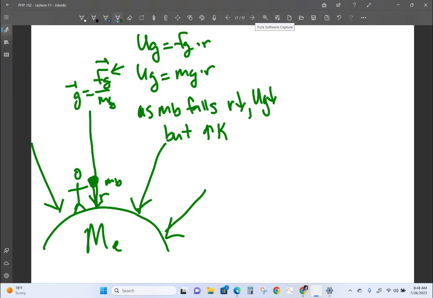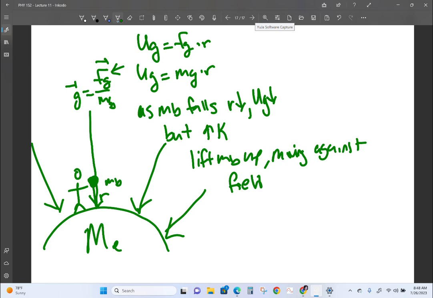And if we lift the ball up, we're moving against the field lines, which means that r is getting bigger, U_G is getting bigger, but it will lose kinetic energy. So if we throw it up in the air and it rises 100 meters, it gains a certain amount of potential energy, but it slows down, right? So whatever energy it gains is the kinetic energy it lost, conservation of energy.